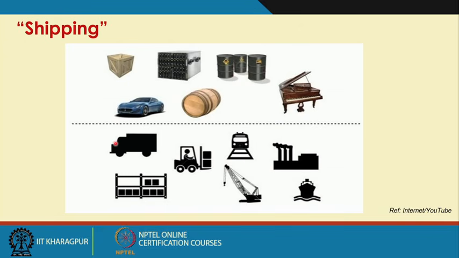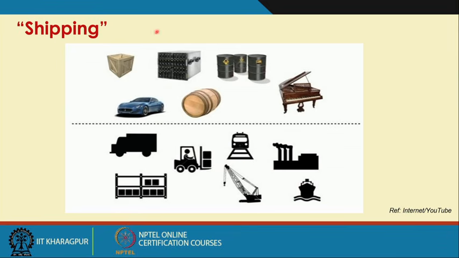It can be in trucks, somewhere it can be dumped onto racks, with some forklift to lift it, somewhere some locomotives or trains, being manufactured out of a factory and shipped, and through a crane put on a ship for shipping across the continent, right.